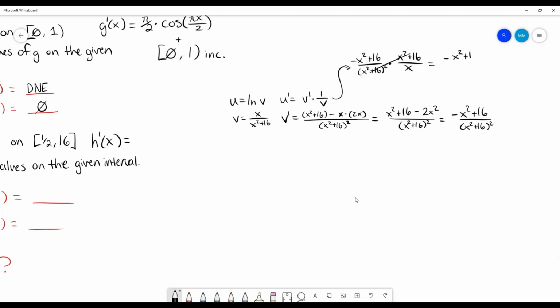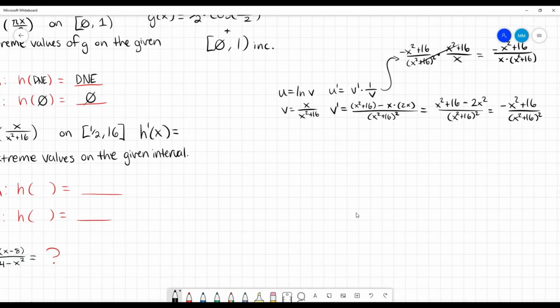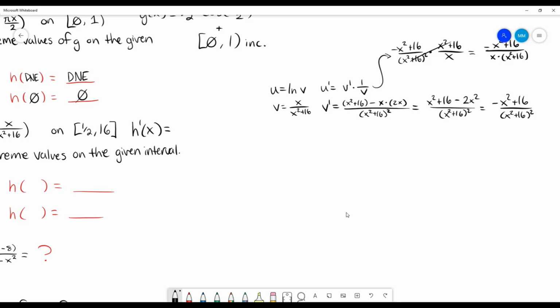So it's now this, putting the x in front, times that remaining x squared plus 16, and that's what we've got now. So I'm going to go ahead and write that.